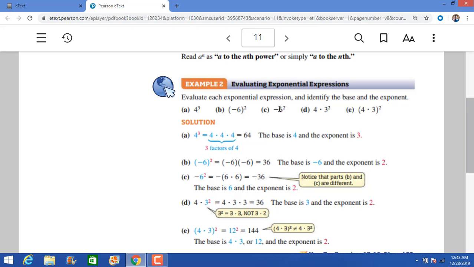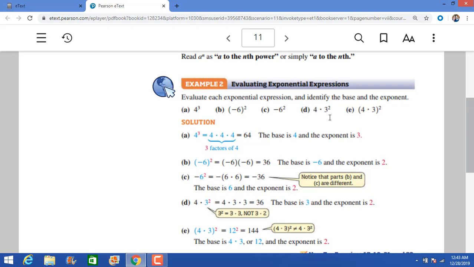So this is not the same as b. This is 6 times 6, and then we're taking the negative value of this product. The negative sign is outside the square. So this is 6 times 6, and then we take the negative of the result, so this would be negative 36.